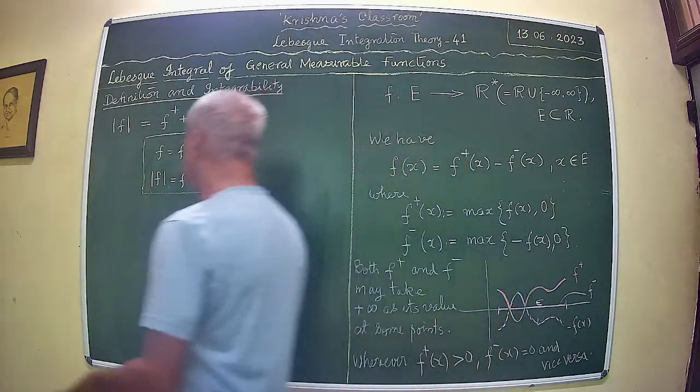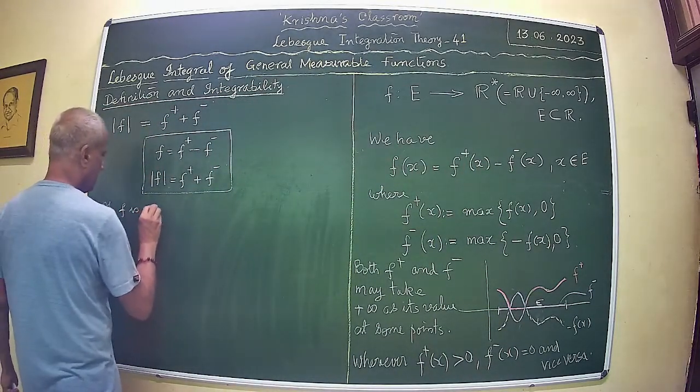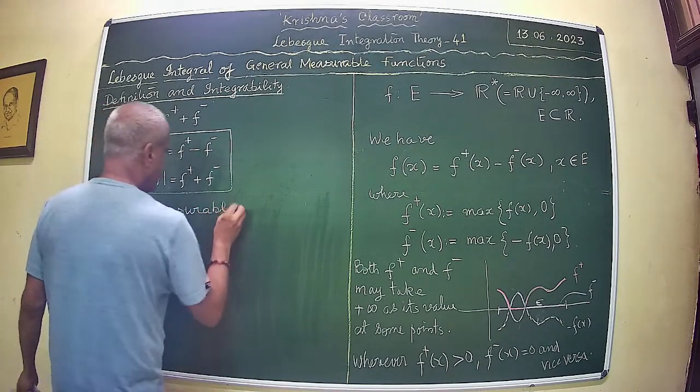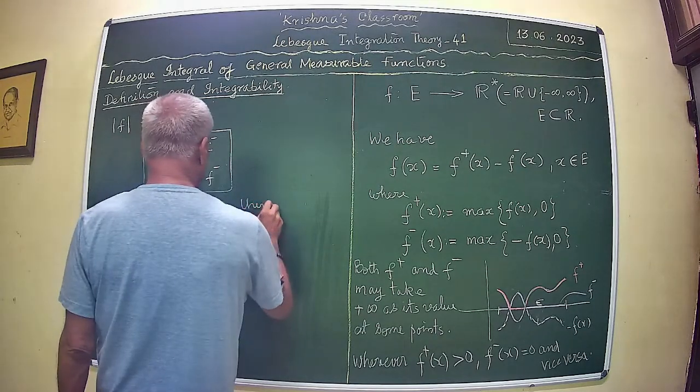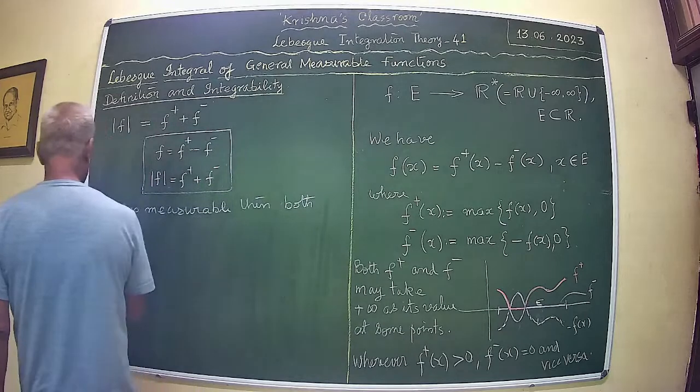Now if f is measurable, then both f plus and f minus are measurable.